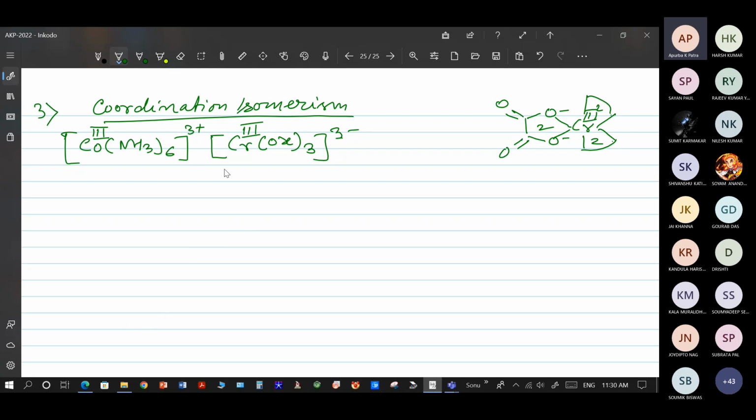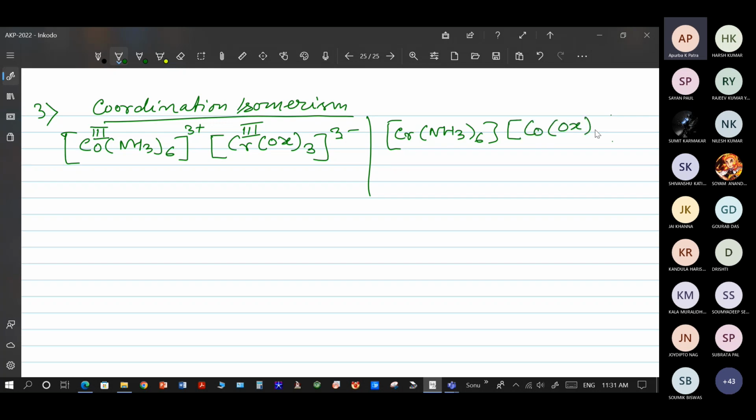So this one compound you can make, and another compound, after redistributing the ligand, whatever we get, those two are going to give you the isomers. So that will be the chromium NH3 6, because the cationic part you have to write down first, and then cobalt, and then oxalate whole 3. So this is now 3 minus, and this is that.